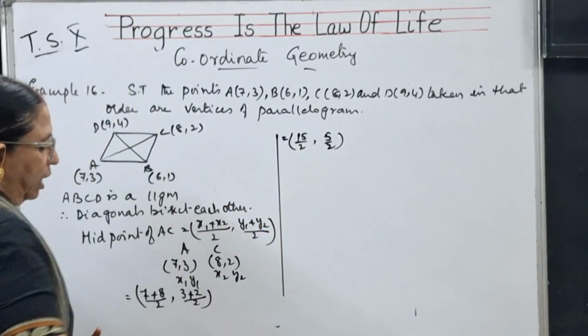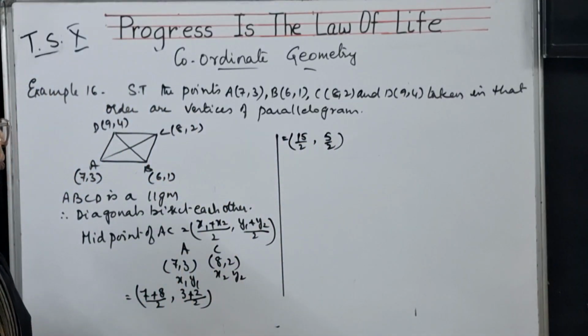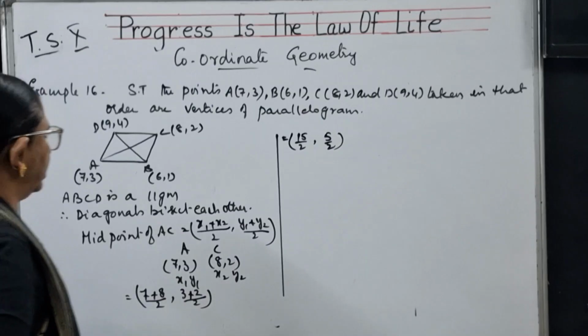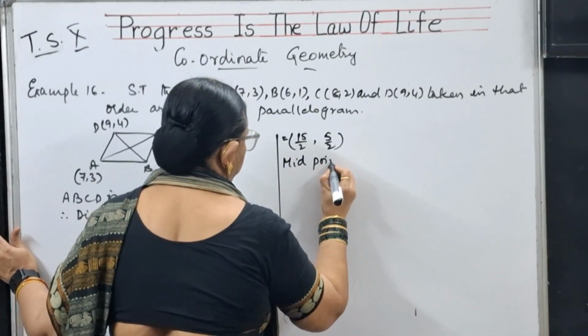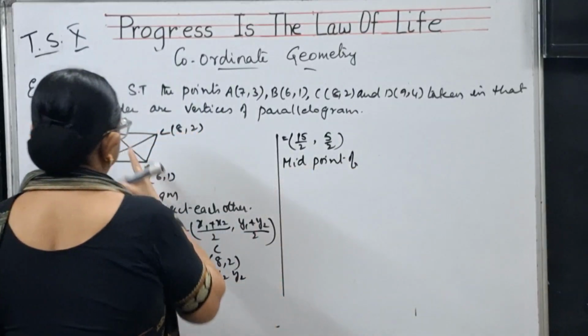So I got the midpoint of AC. Now let me go for the midpoint of BD.